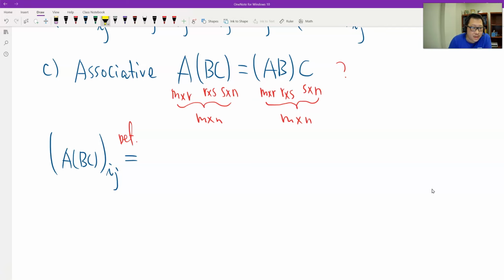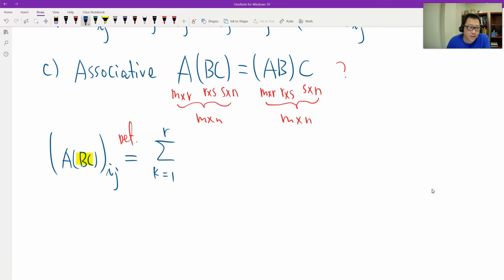Of course, BC is a matrix, so it is a matrix times another matrix. Look at the general entry at ij. I have to use the notation, otherwise it's complicated. K is the middle index, K starting from 1 to R, because A has R columns.